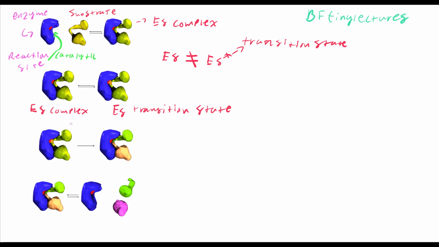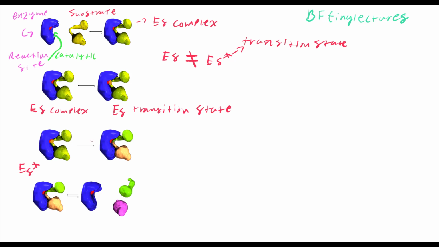That signal, or that process of actually turning on, is going to be called the ES transition state, okay? So just remember a remote controller with a battery. Together they don't do anything, but whenever you press a button, it turns them on and they become the transition state, okay? So again, this is going to be the ES transition state. We'll just call that asterisk, okay? And right here, they're actually going to make some product, okay? You'll see.